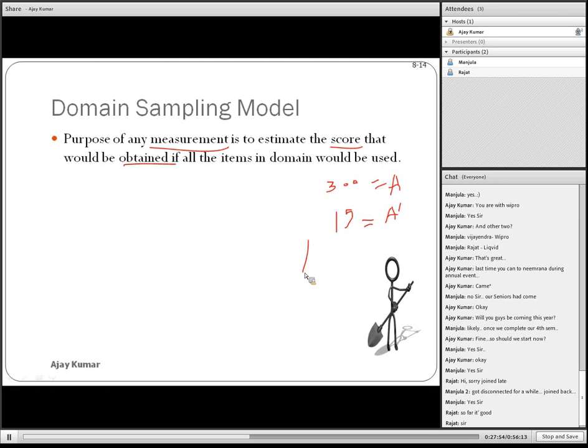So what we are trying to understand here is that A should be equal to A dash. That is the purpose of our measurement. I want the minimum number of questions that gives me a score that could be obtained if all the items in the domain we have enlisted had been made part of my questionnaire. That is as good as saying, what is the purpose of the sampling that we did the other day.